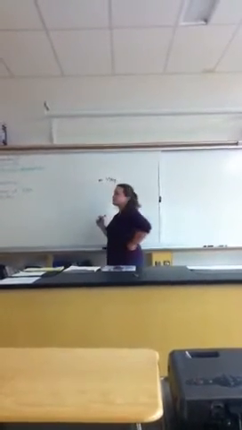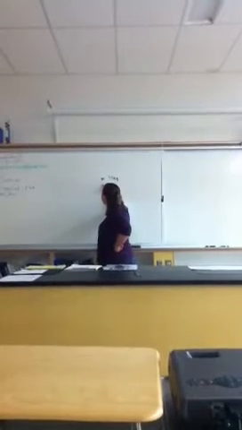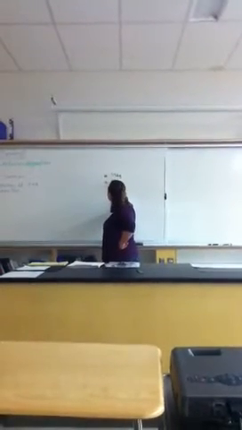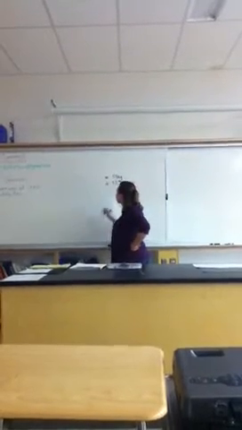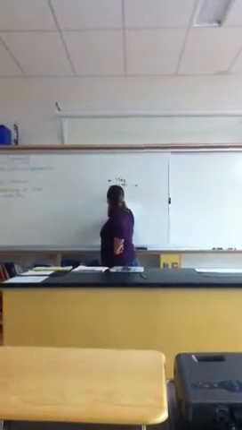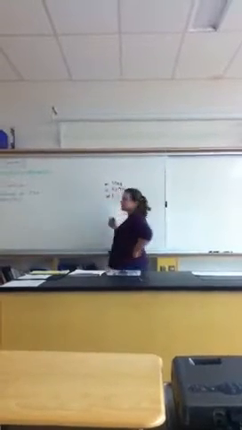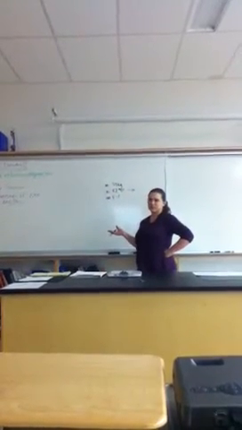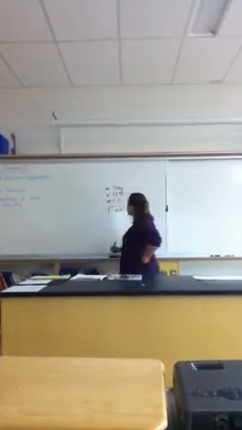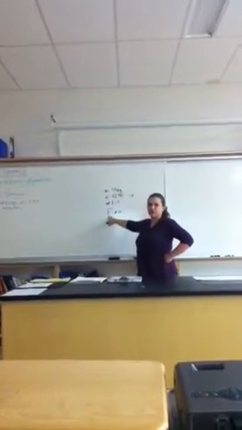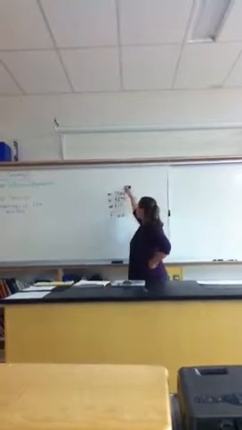If the acceleration of the watermelon is 4.2 meters per second squared to the right, find the net external force exerted on the watermelon. Okay, which one of Newton's laws is this? The second one. So you just have to go F equals MA, which F here is already the net force. So just multiply those two.